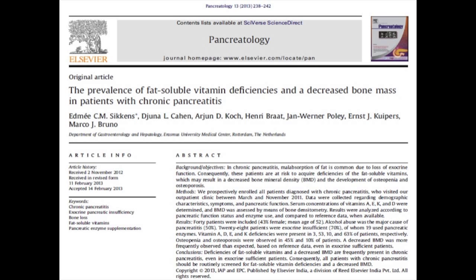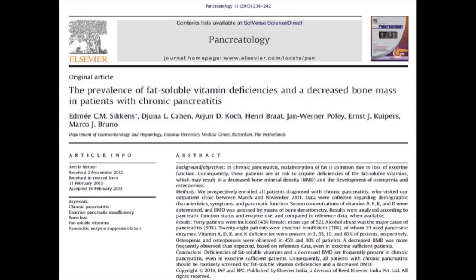Now, the other issue about pancreatogenic or type 3 diabetes that's important to appreciate is the fact that there are a variety of other metabolic problems associated with this condition, not least of which is a deficiency in the fat-dependent vitamins A, D, E, and K that are absorbed dependent upon the secretion of lipase.